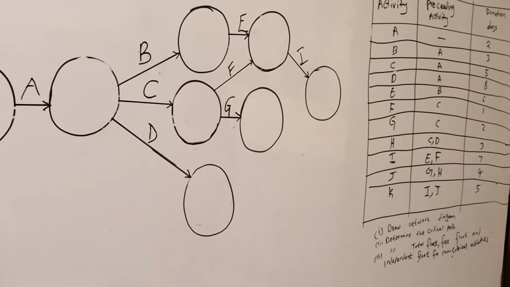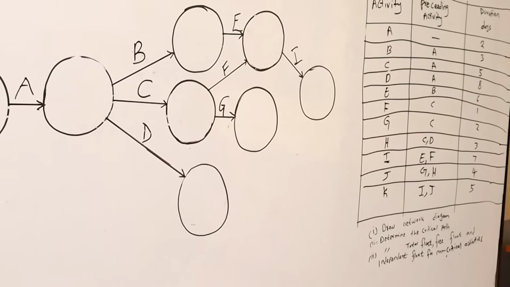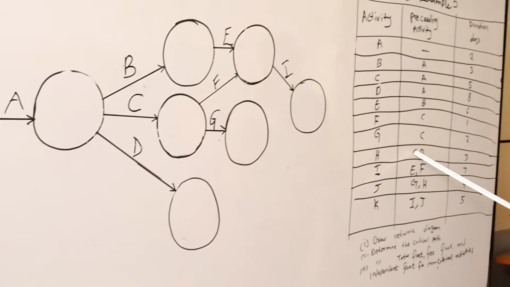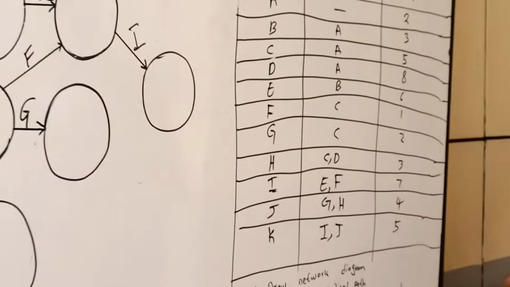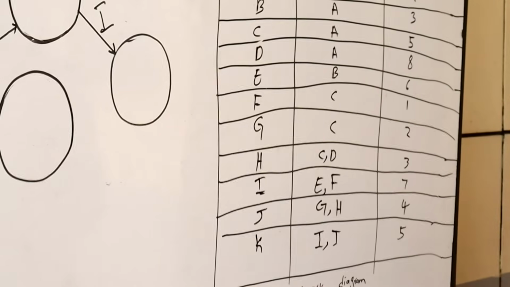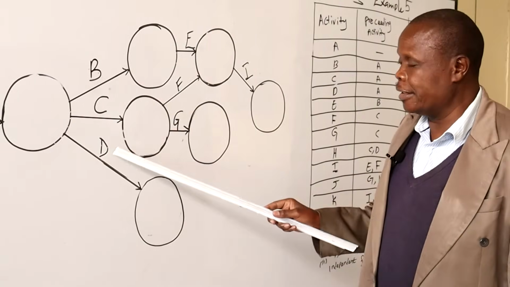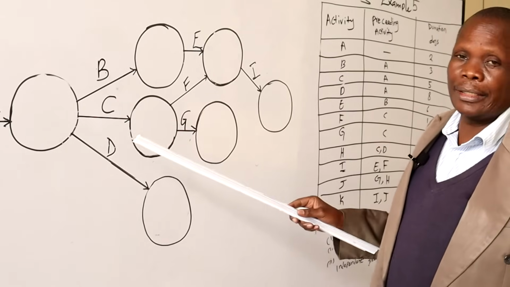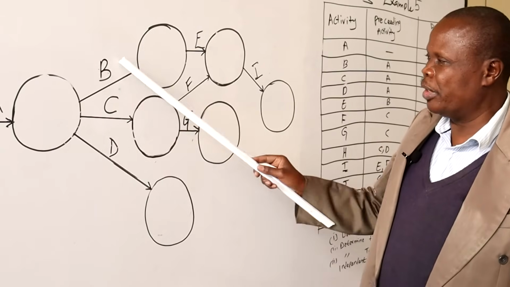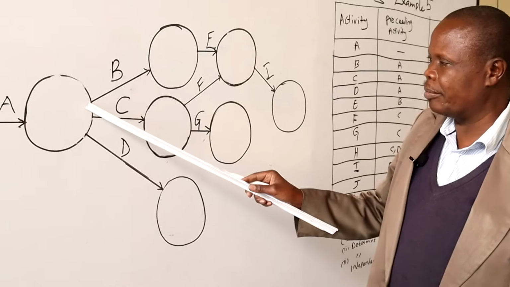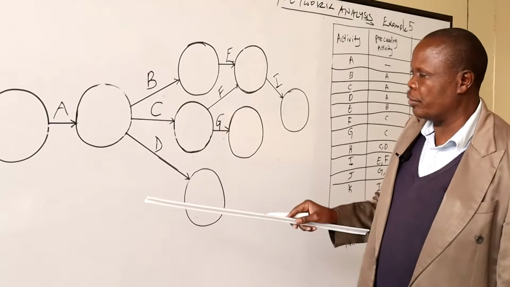Then C and D are converging to give rise to H. C and D are occurring at the same time. B, C, D are occurring at the same time and originating from this node.